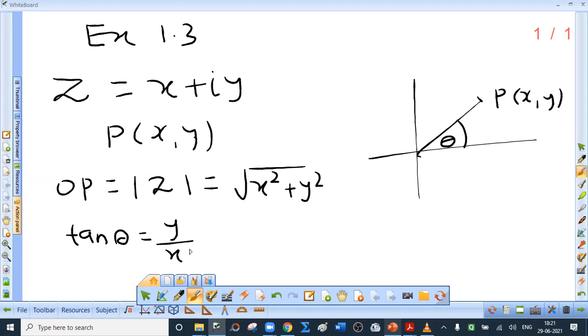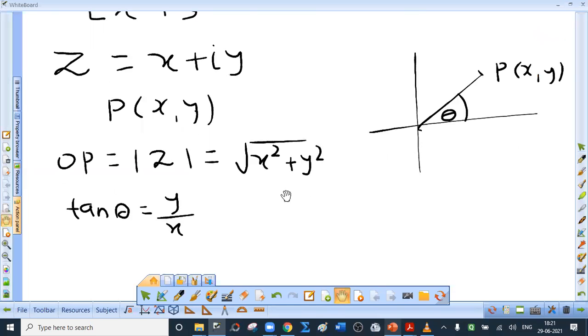But at present, you don't know the concept of the inverse of a trigonometric function. You may also remember that sine theta is y upon mod z, cos theta is x upon mod z.